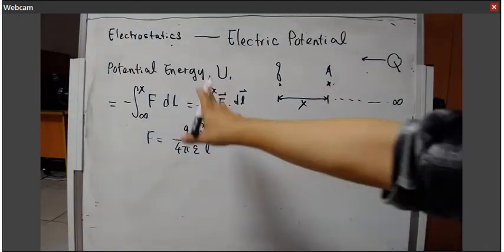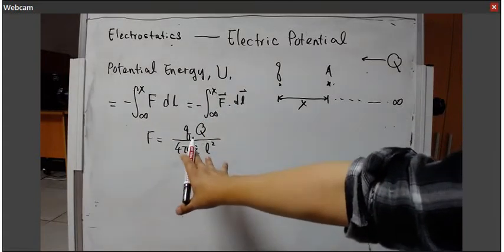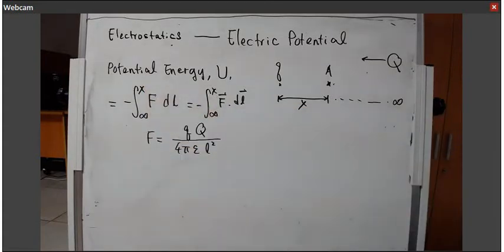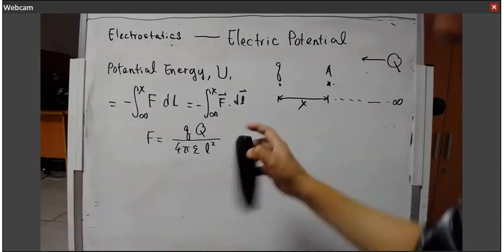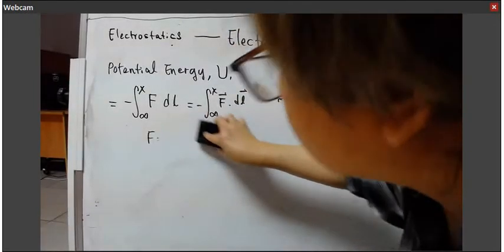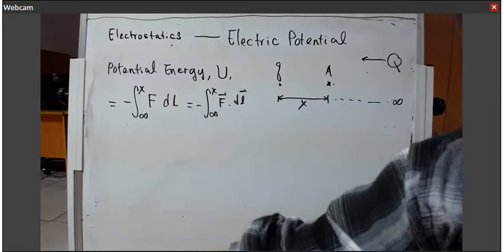So can we now use this Coulomb force formula to work out the potential energy? The answer is very easy. We are going to derive it.